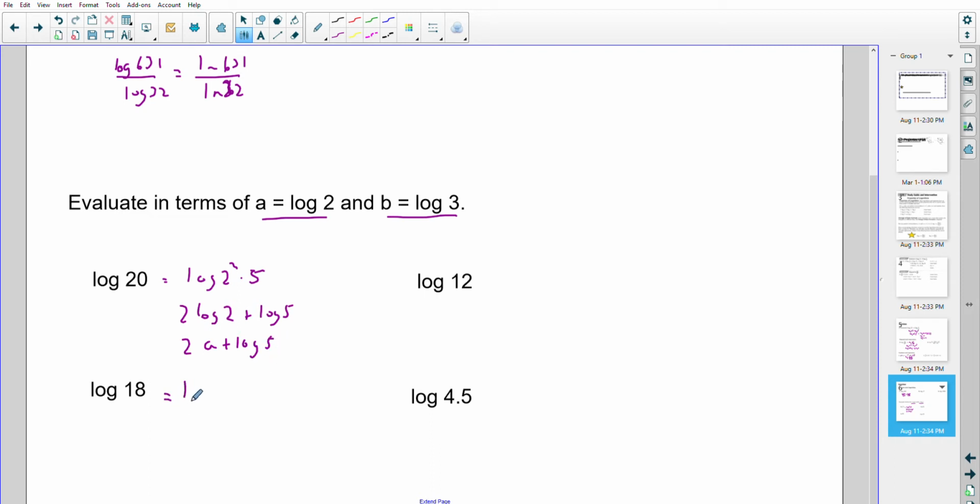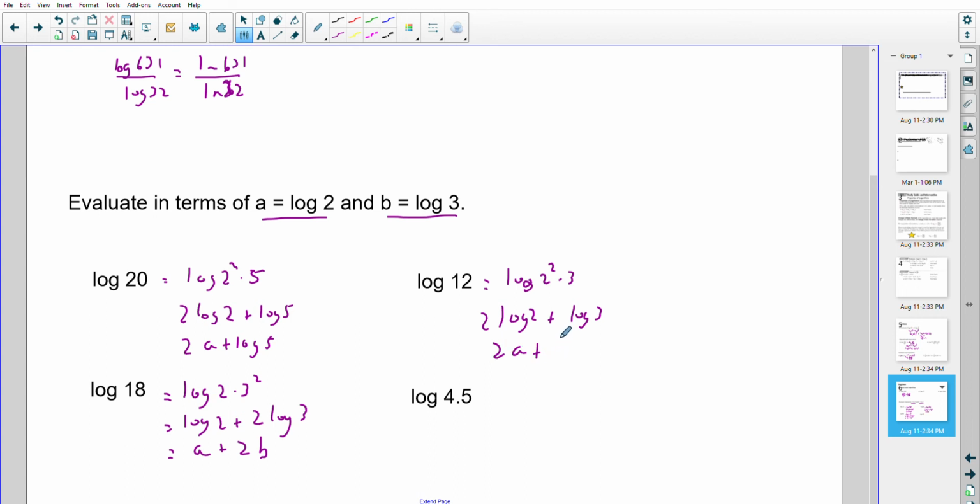Similarly, breaking this down, log of 2 times 3 squared, that is going to equal log of 2 plus 2 log of 3. Now I substitute in, and I'm going to have a plus 2b. Similarly, 2 squared times 3 log, substituting in 2a plus b.